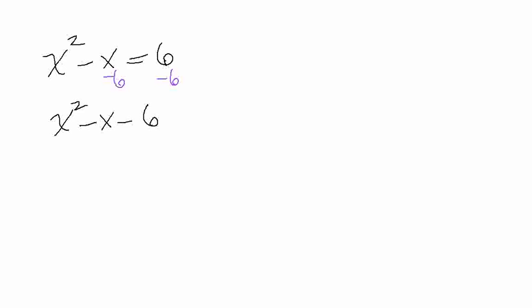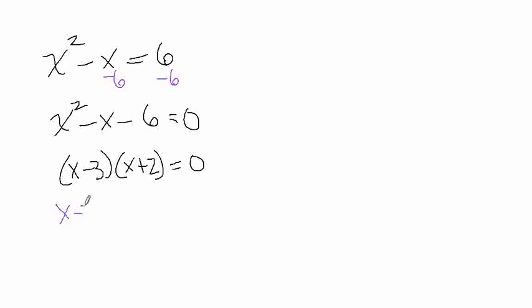All right, now that you have a 0 on one side, now think about factoring the other side. So factoring it would give, in this case, x minus 3 and x plus 2. Okay, so the only way that product could be 0 is if one or both of the factors are 0. So x minus 3 equals 0, or x plus 2 equals 0.